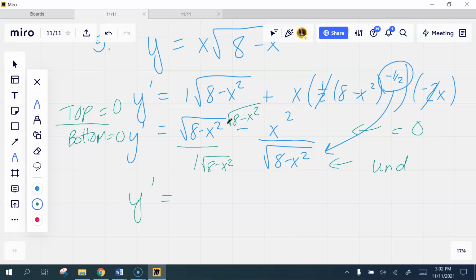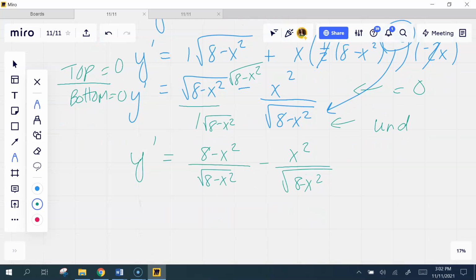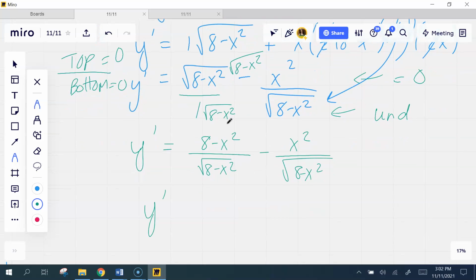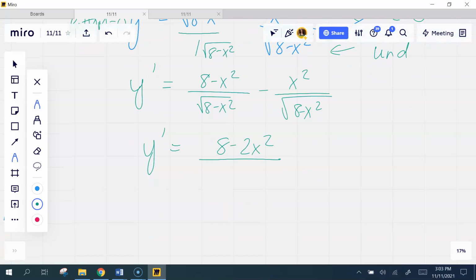So the square roots cancel out, right? So I've got 8 minus x squared over the square root of 8 minus x squared. Now I have common denominators, and I can combine them together. So my derivative here is 8 minus 2x squared over the square root of 8 minus x squared.